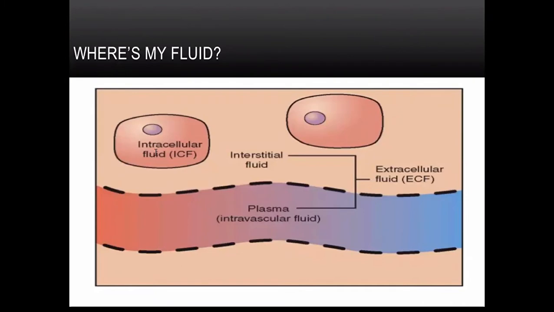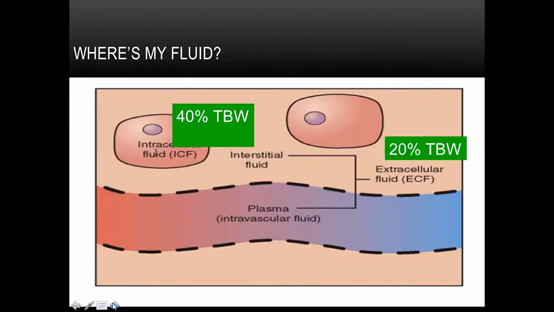So if the interstitial fluid is in excess, that will result in edema. Okay, the intracellular fluid constitutes about 40% of the total body weight, whereas extracellular fluid constitutes 20%, because 60% of the total body weight is fluid in the human body.